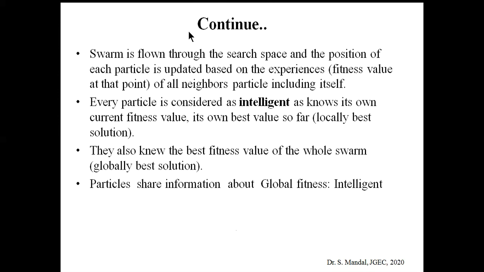Now, it is possible that the first particle has better fitness, whereas the 10th particle has the best fitness. So obviously, the fitness value of the 10th particle will be considered as the global best solution. Okay, so they also know the best fitness value of the whole swarm. That is the globally best solution.